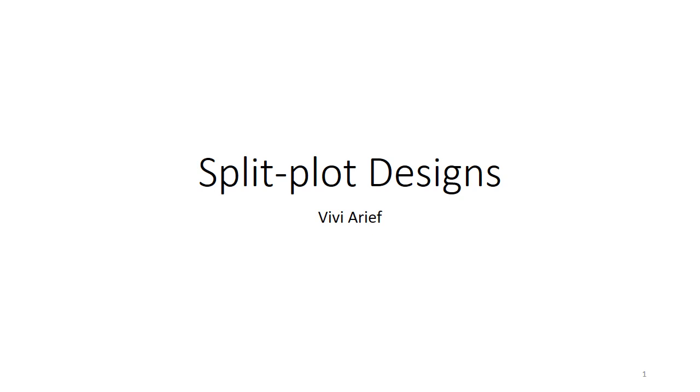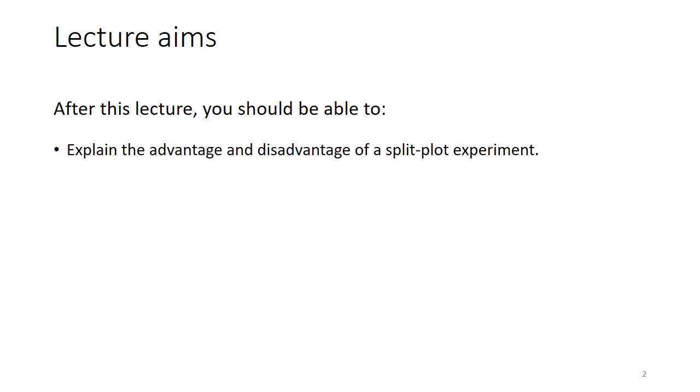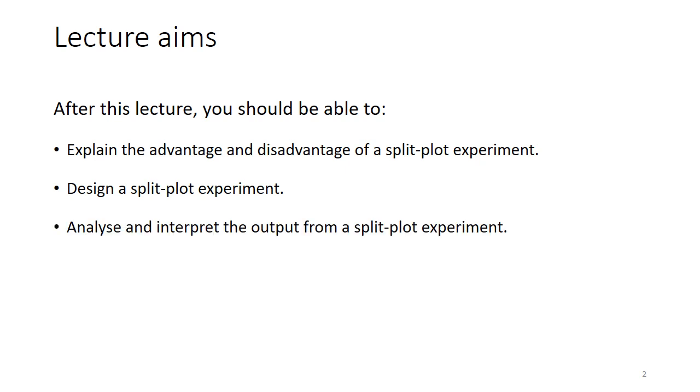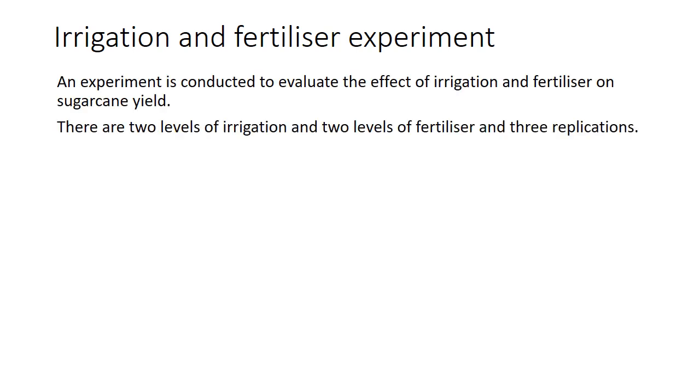However, what would happen when one of these factors requires a bigger experimental unit than the other factor? These are the aims of the lecture. Let's start with an example. This is a 2 by 2 factorial experiment.